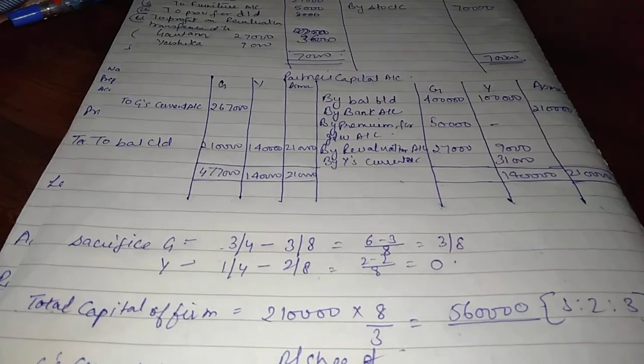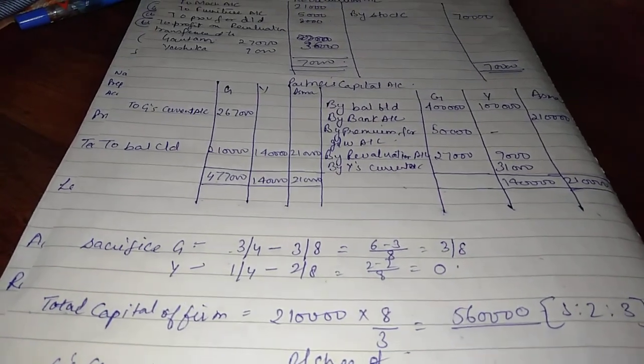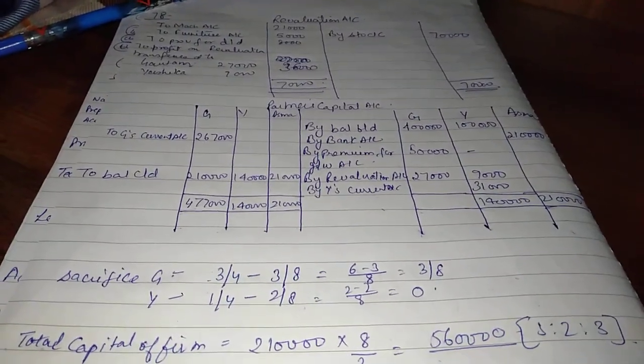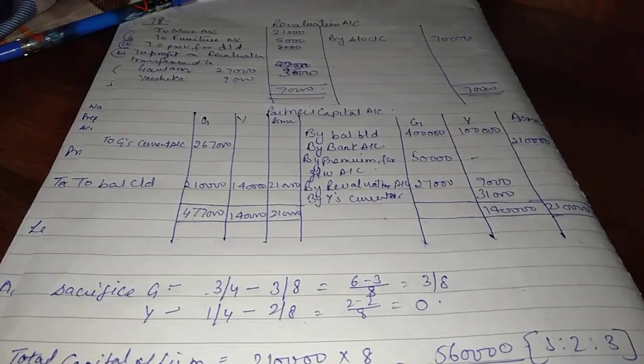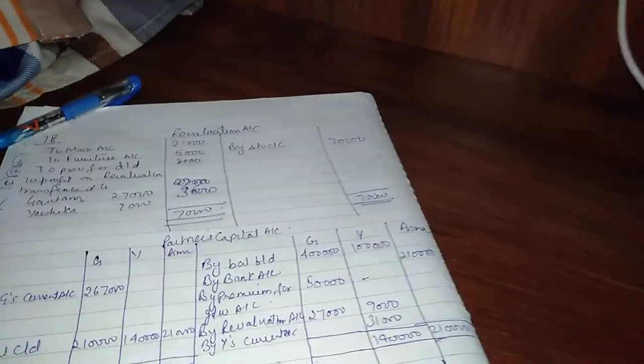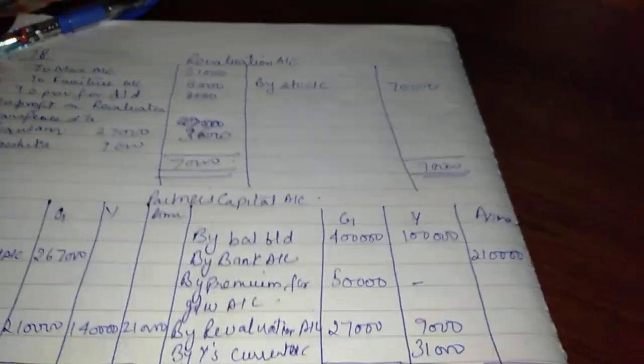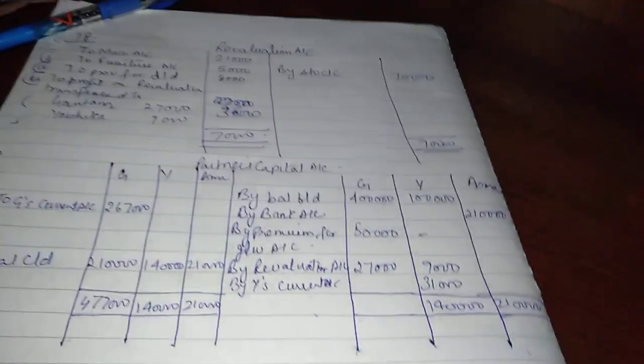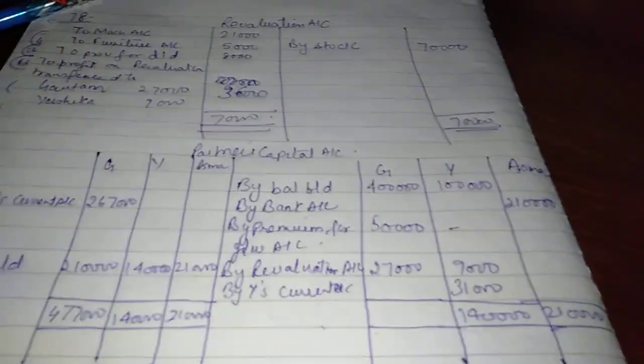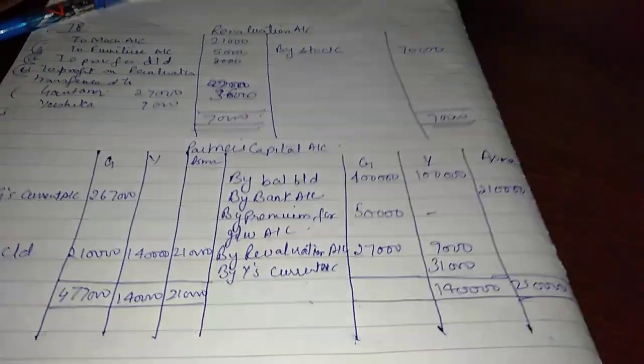So who was sacrificing here? Only Gautam. Yashika hasn't sacrificed anything. So premium for goodwill will be paid to only Gautam, by premium for goodwill account 50,000. Then revaluation profits by revaluation account 27,000 and 9,000.